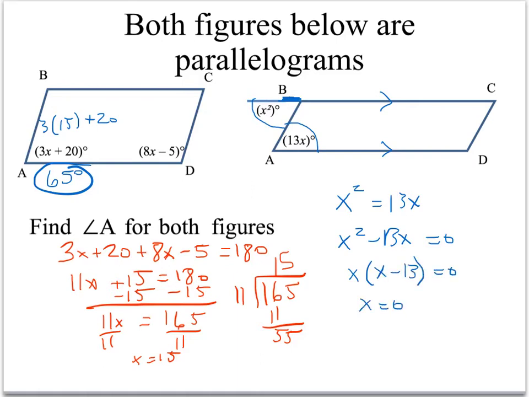Therefore, our x values are 0, or positive 13. Now, when we plug these values in, of course, 0 is not going to work because an angle can't be 0 degrees. So therefore, we're going to try 13. Angle A is, of course, 13 times 13, which gives us 169 degrees. Doesn't quite look that big. However, the algebra tells us the answer is, in fact, 169 degrees.